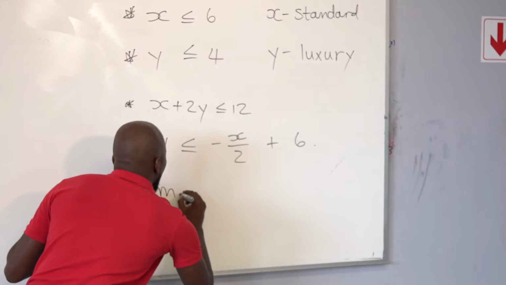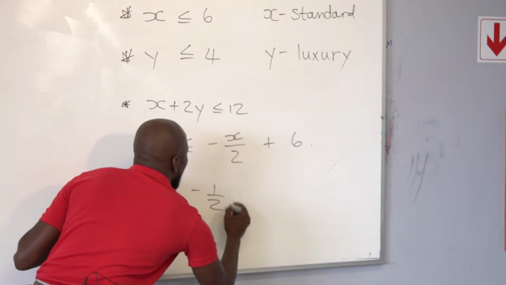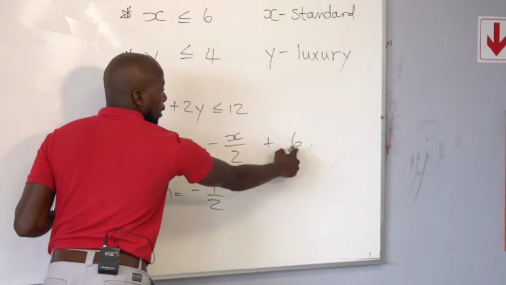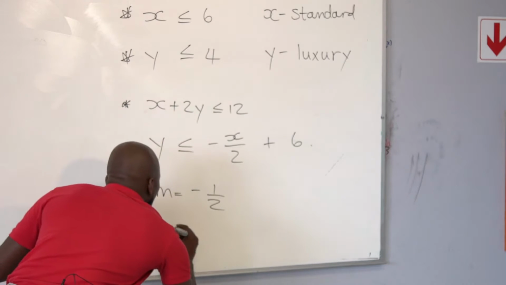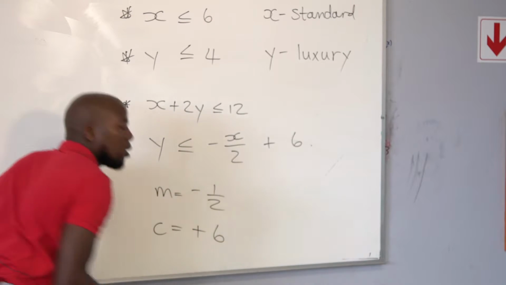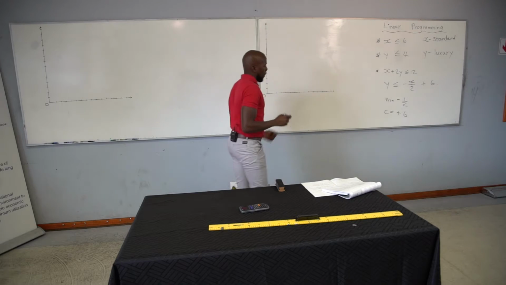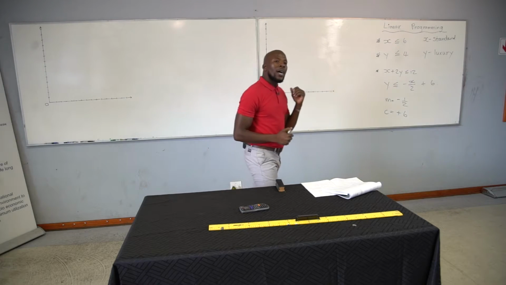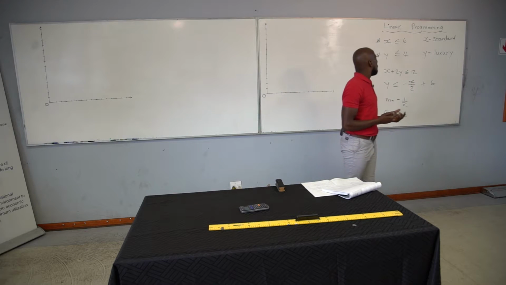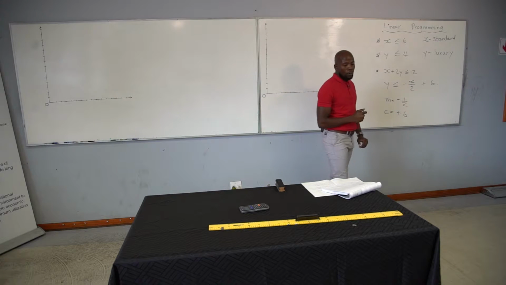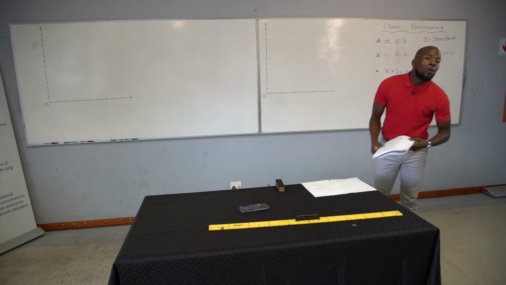In other words, m will be negative a half, and we've already identified our y-intercept, which is the c value there. c equals positive 6. Okay. We've identified all the inequalities that we need to conclude this particular problem.